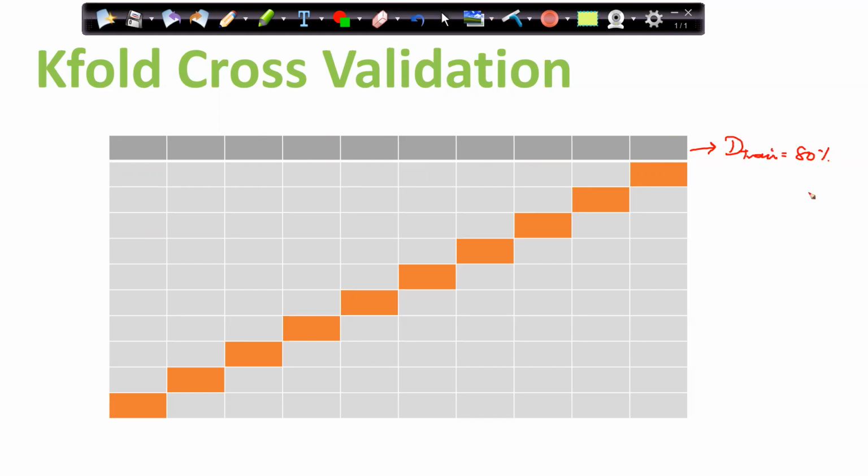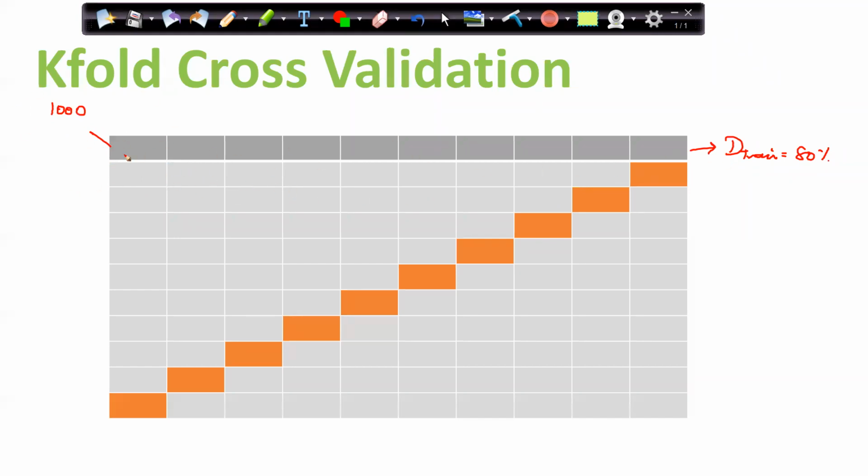Now what I will do is I will have multiple splits of my data, right? Let's assume that I have 1,000 records here, the total 80% records is 1,000 records.